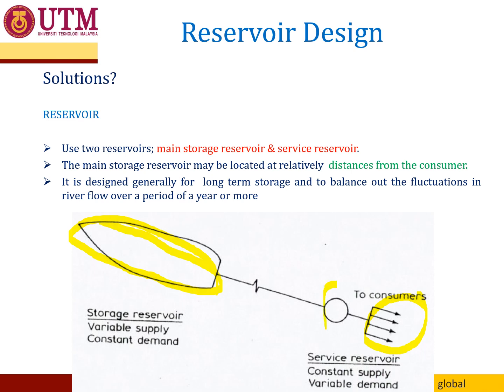So this might be a service reservoir, and this is a main storage reservoir. And so how it is designed, for example, the main storage may have a longer term storage. Both have quite similar usage, which is to balance out fluctuations in river flow over some period of time.